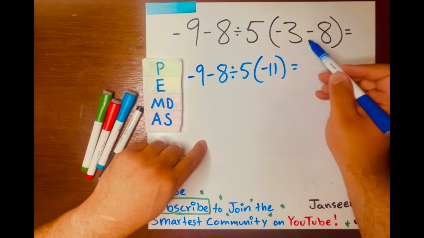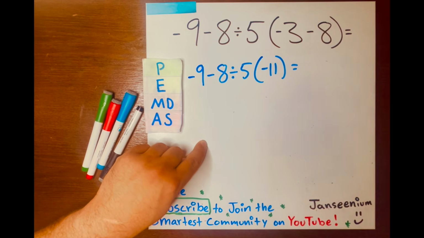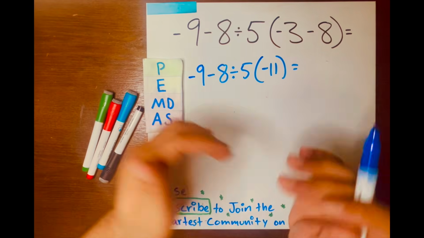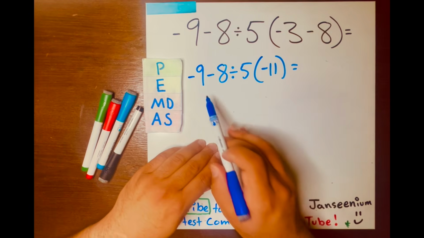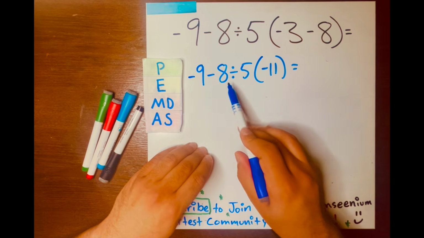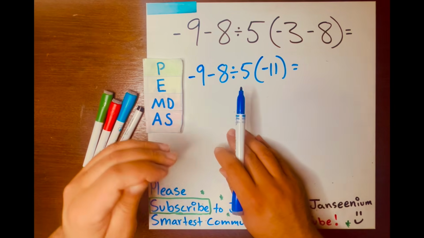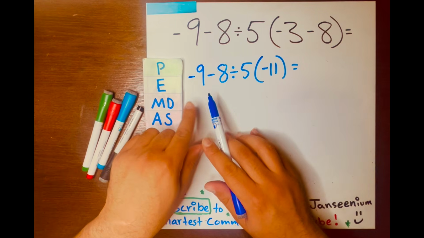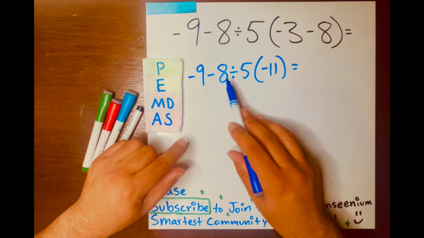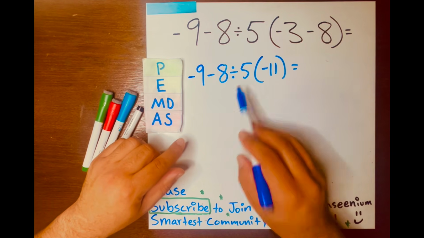And yes, I started with what's inside the parentheses first. And you solve the math problem from left to right within each level. So looking at -9 minus 8, that won't go first because 8 divided by 5 is a higher level than -9 minus 8. So that's why I will start with 8 divided by 5.